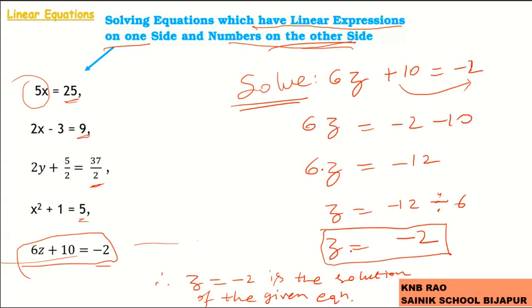And students, we have another important step to be done after solving the equation, which I am going to explain through examples. Example 1. Find the solution of 2x minus 3 equals 7. You know how to find the solution.